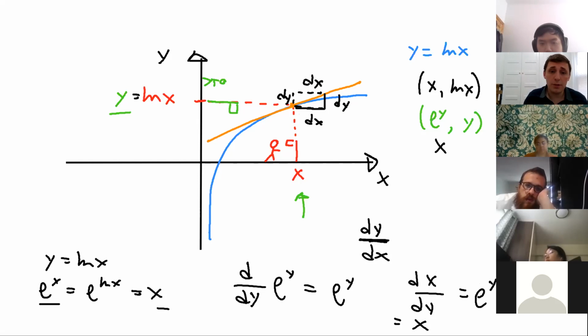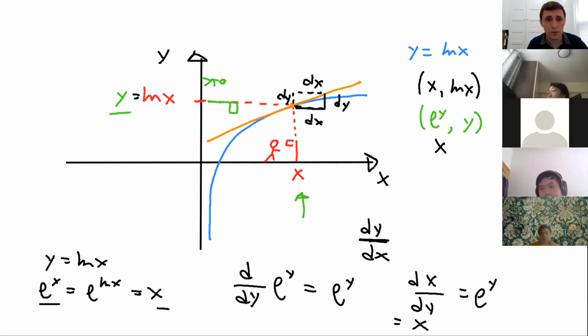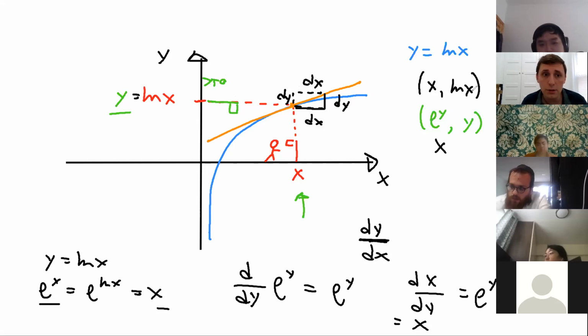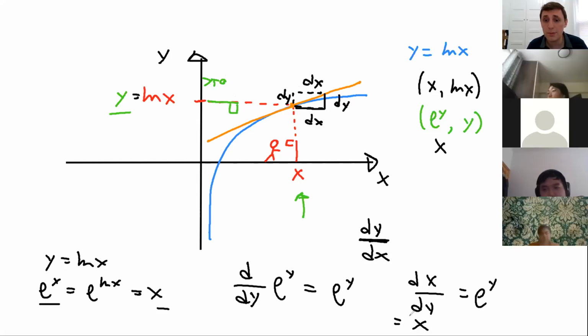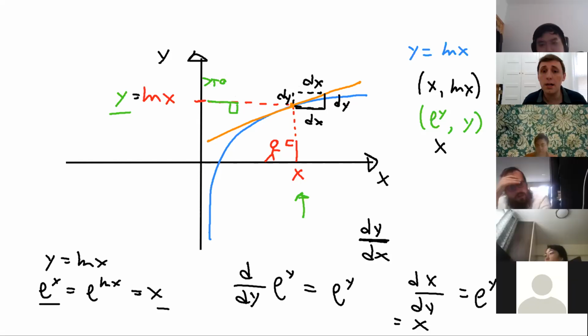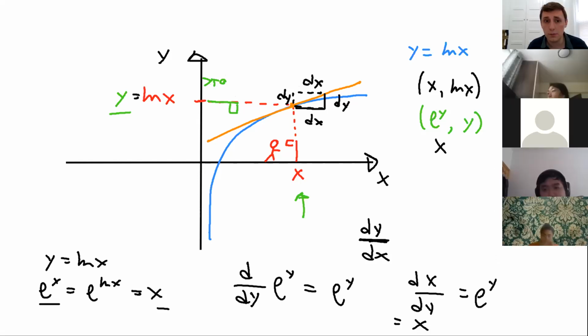It's all just a matter of perspective. You have to not look at the symbols, but see what they are talking about. So this guy, from his perspective, his vertical is e to the y. So for him to measure the slope this way is much easier. dx over dy is the slope of e to the y, and we already know how to find that. So from his perspective, the slope is x. It's his vertical position. So for the green guy, the vertical position is just x.